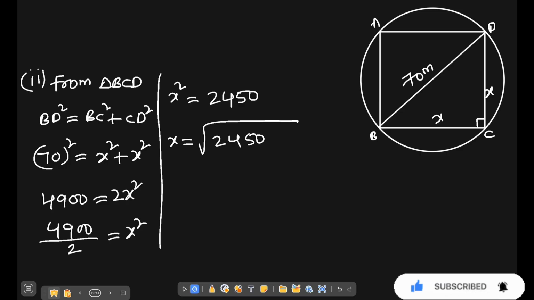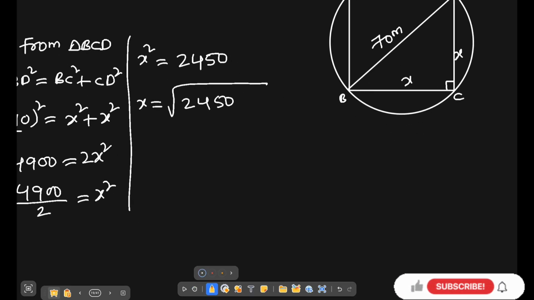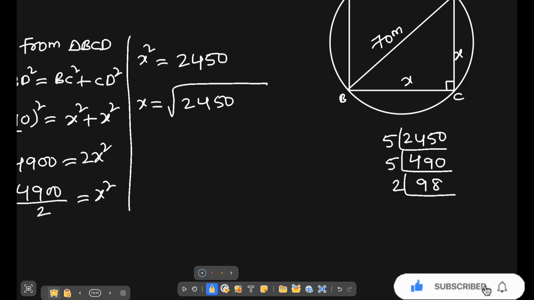Let us do the prime factorization of 2450. 5 table first. 5 4s are 20, 5 9s are 45, and 0. Again 5 table, 5 9s are 45. Next 2 table, 2 49s. Next 7 table, 7 7s.